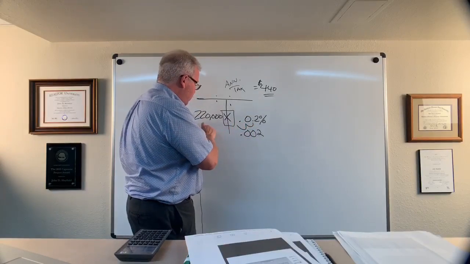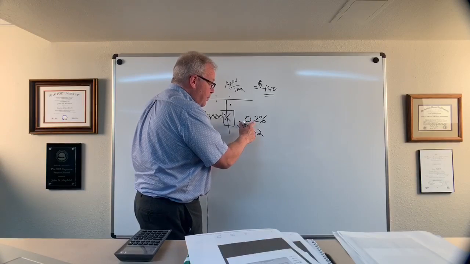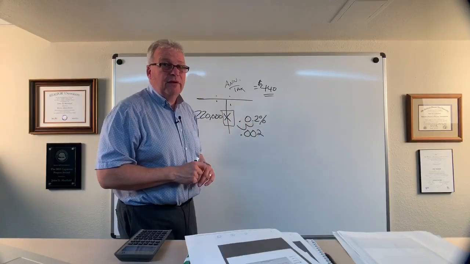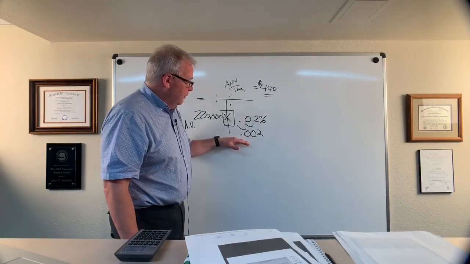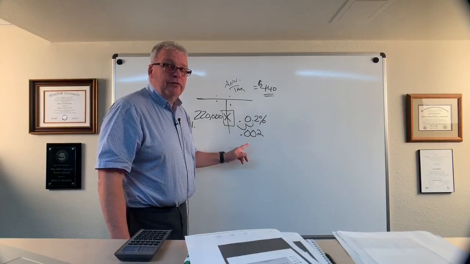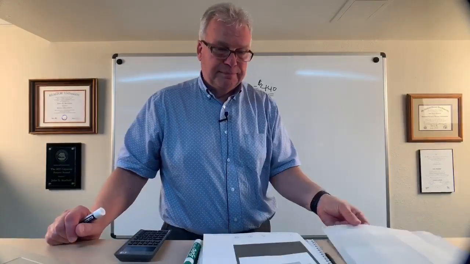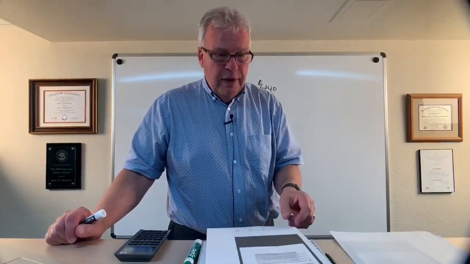You just took the 220 times, and you put 0.2 in your calculator, and that does give you 4,400, which is one of the answers. But if you had moved your decimal over, added the extra zero, you would have gotten $440, which is the correct answer. Okay. Hopefully that helps you out there.